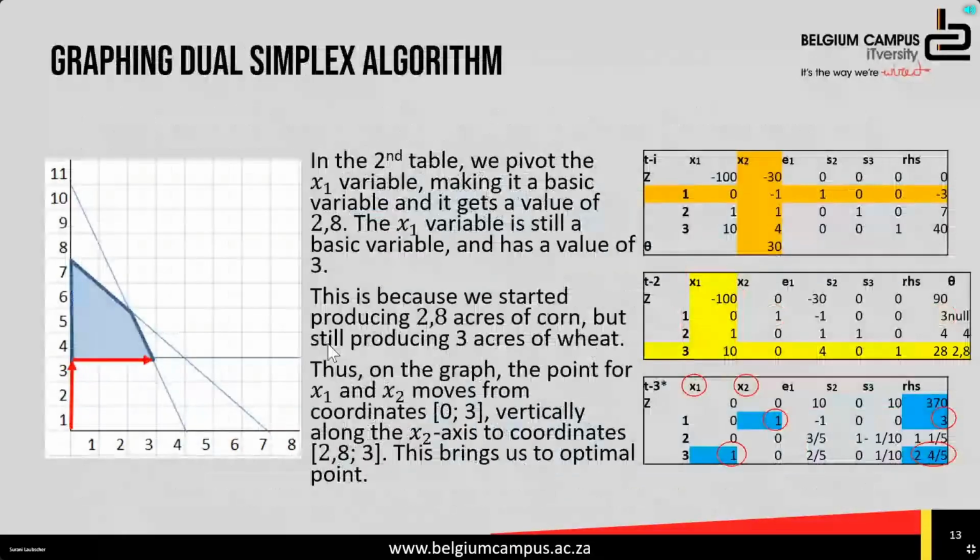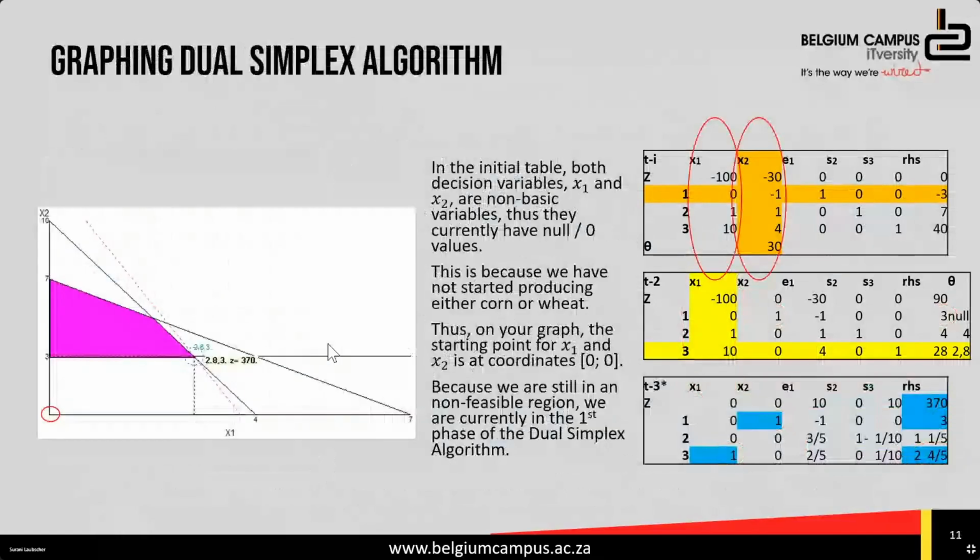Maybe I should just discuss this very quickly, just to recap. Guys, dual works very similar to two-phase. It starts in an area that is not feasible, and then it moves to an area that is feasible, if there is. So if you look at the initial table, x1 is non-basic, meaning it is equal to, who can tell me?